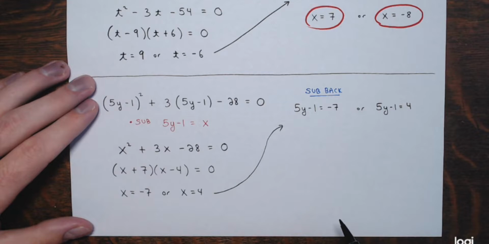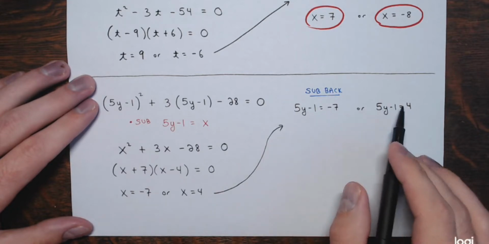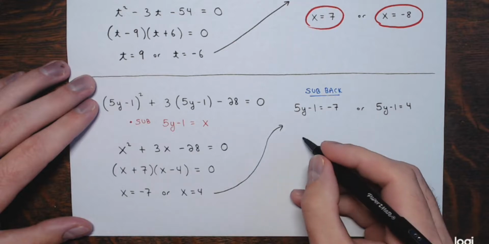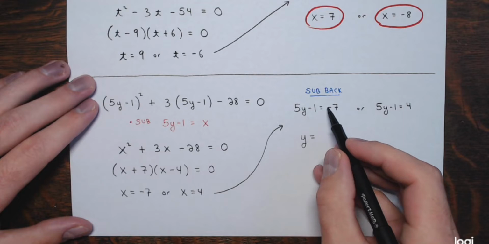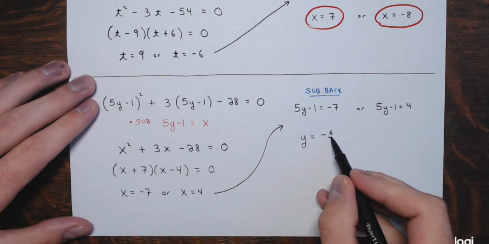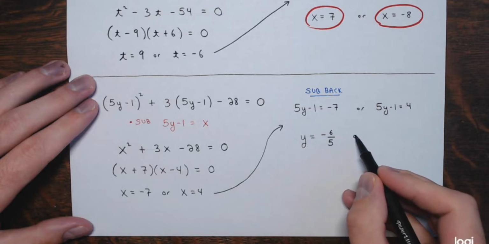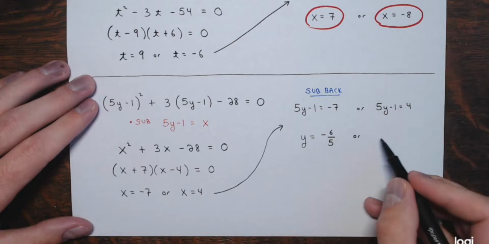And I solve each of these for y. In both of them, I would add 1 and then divide by 5. So from this first equation, I'd add 1 to get -6, then divided by 5. So -6/5 for that equation. And here, add 1, you get 5, divided by 5 is 1.